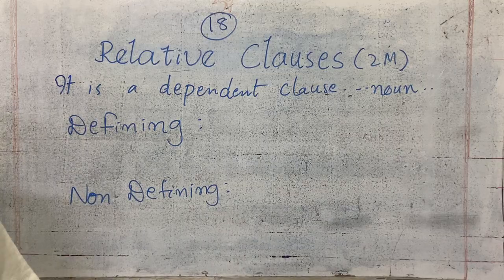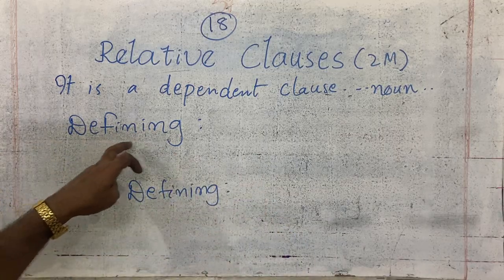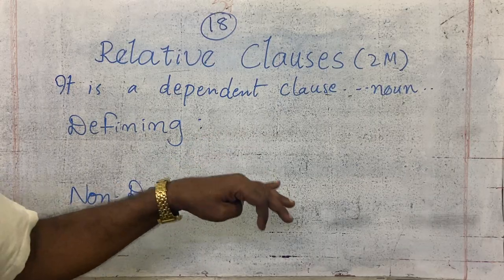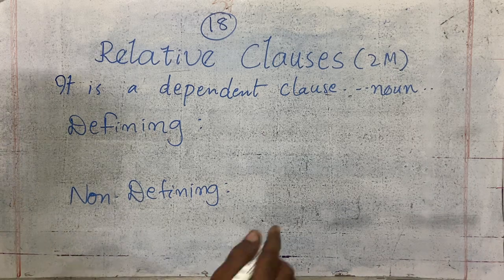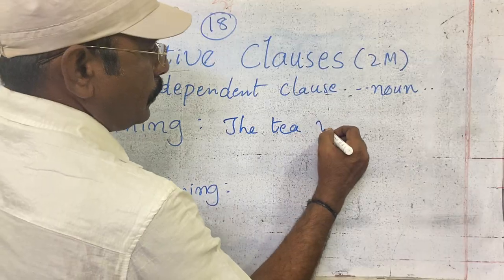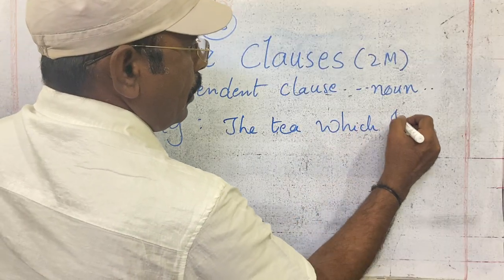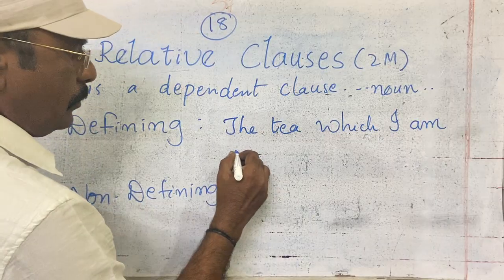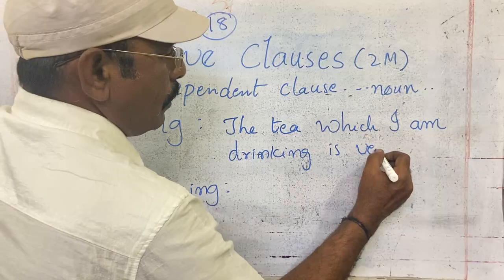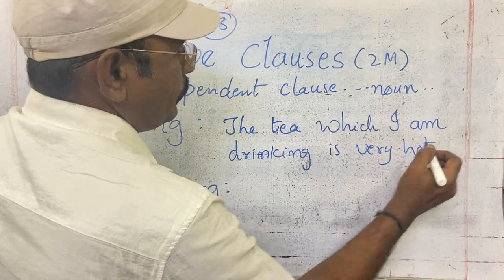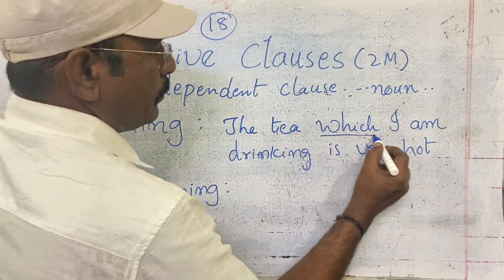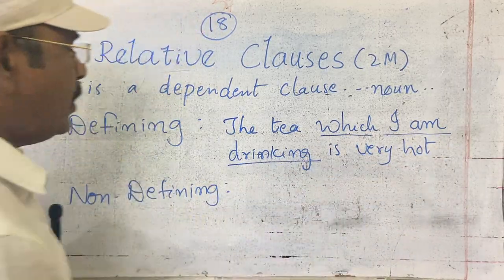Defining clauses means it is speaking about the subject or the noun that is given there. If you verify an example here: the tea which I am drinking is very hot. Here, "the tea which I am drinking", this is the more information we are giving.